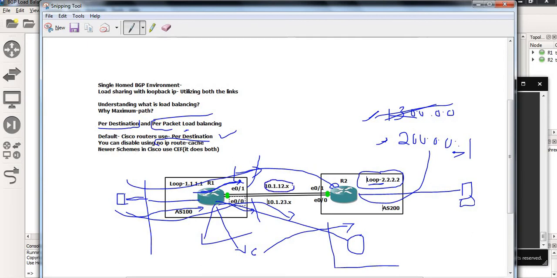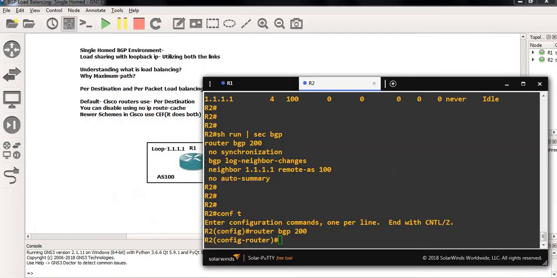Let's say I send the SYN packet with source 10.1.12.2, and when I get the SYN-ACK packet, I may get it from some other interface, like 10.1.23.2. So the TCP packet exchange goes wrong here, and the BGP will not be formed.